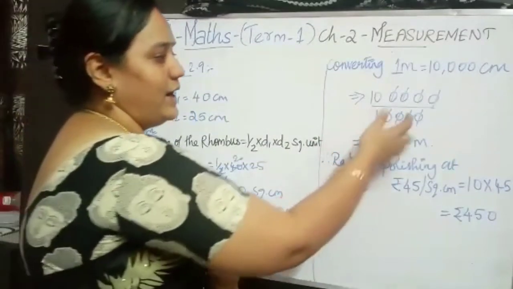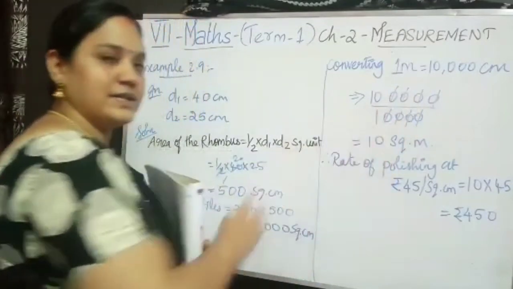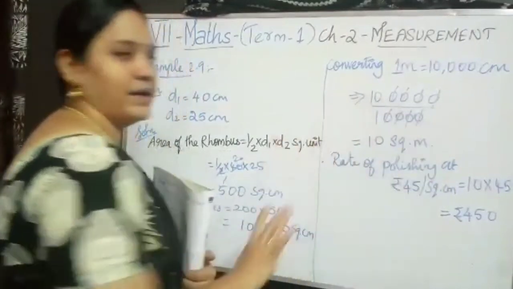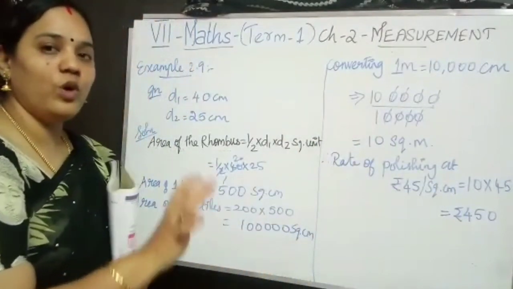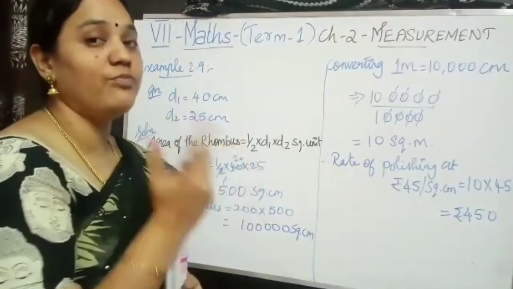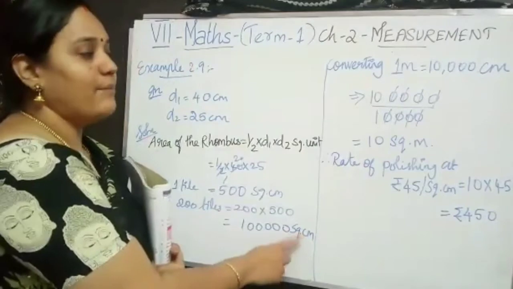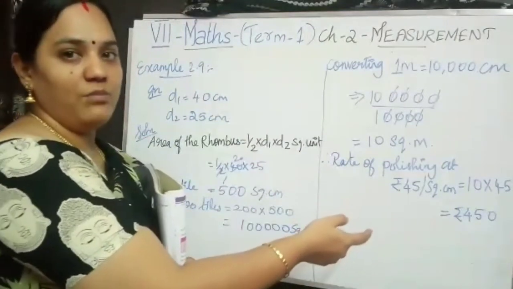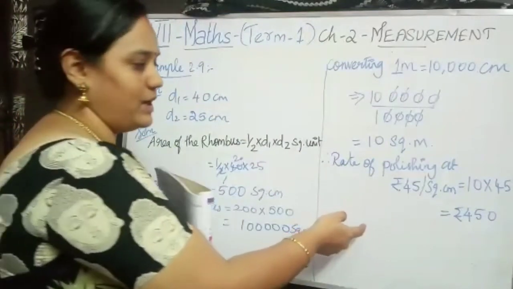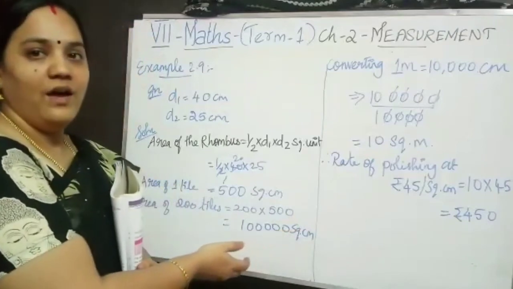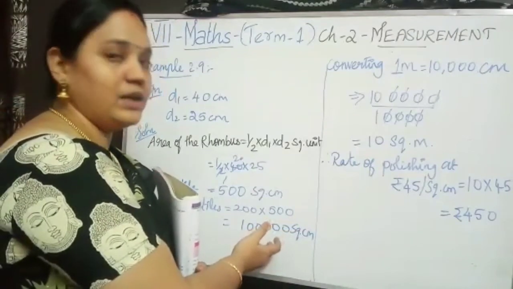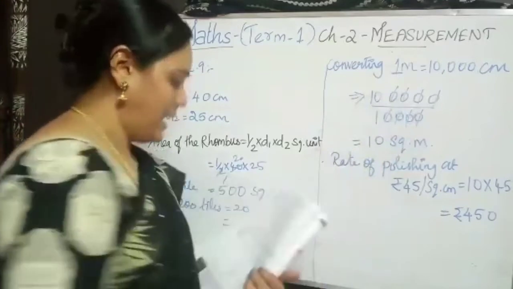While dividing, I am cancelling out all the zeros and my answer is 10 square meter. That is the area of 200 tiles in terms of meter. First we got the answer in centimeter, but the rate is given for square meter, so I am converting square centimeter to square meter.